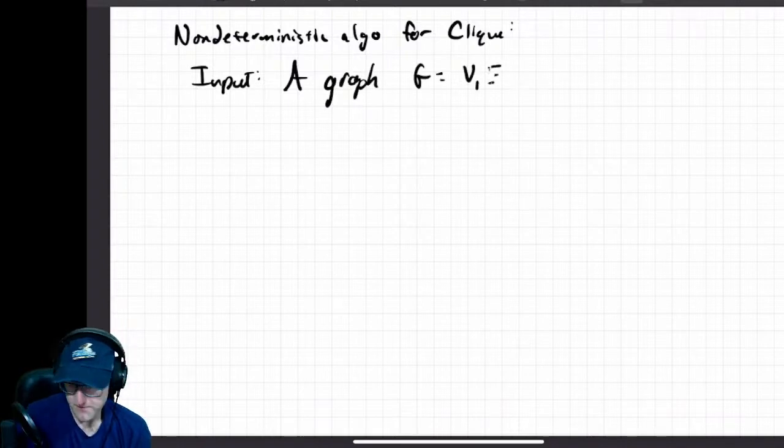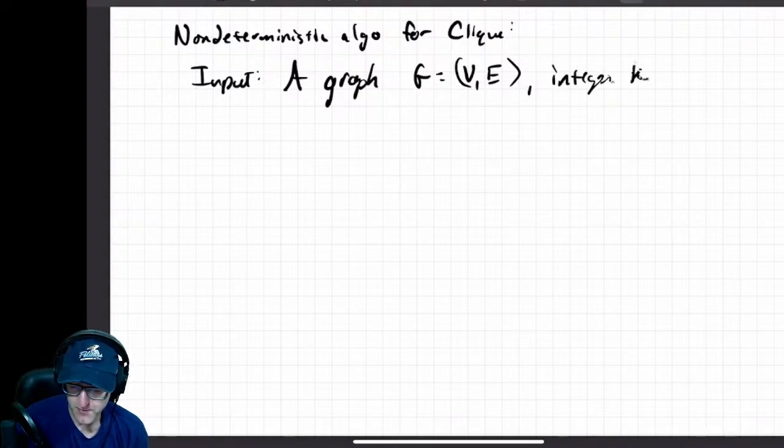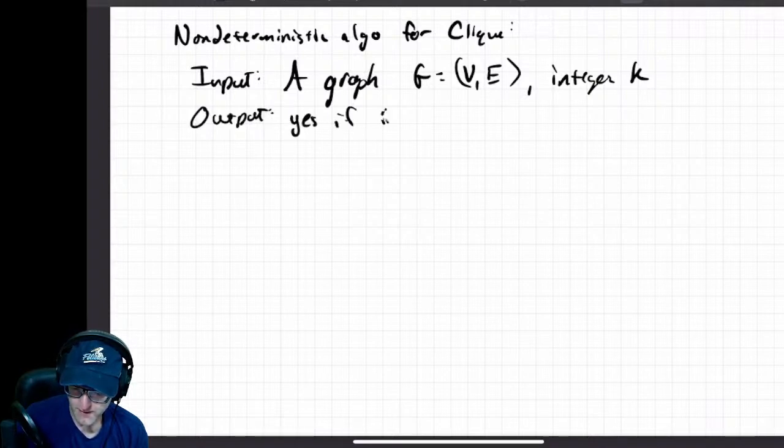And I won't bother with the output here. The output will be yes if G has a clique of size k, no otherwise.